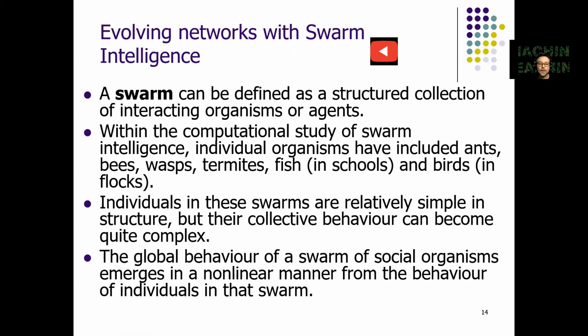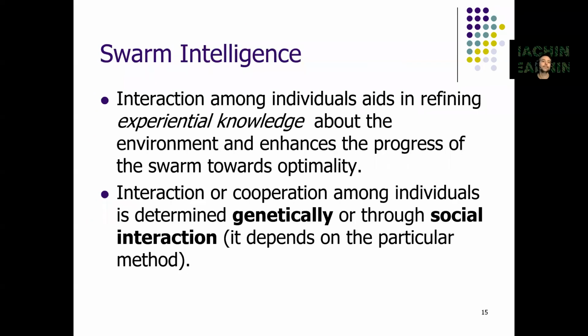And this kind of algorithm has been inspired by nature. So, for example, people analyzed how ants, wasps, bees, termites, fish, and birds behave. And then they tried to construct similar kinds of algorithms, where intelligence emerges from the collaboration of the different members of the population.